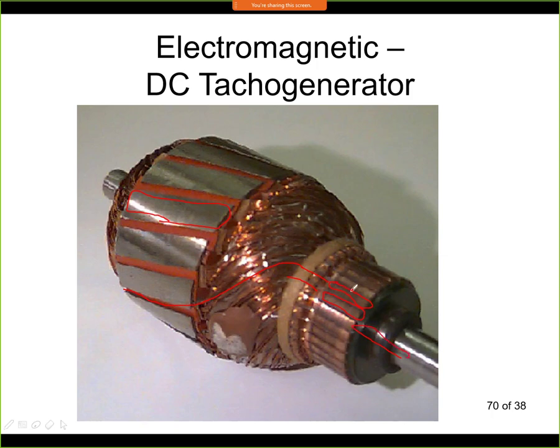So 180 degrees shifted, and we will connect the brush with one section like this here. There will be one brush, and then another brush going like that. And as the machine is turning, it is switching the brush between this section, this section, this section, and this section, and so on.